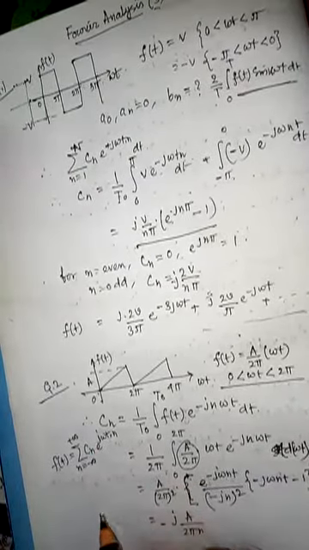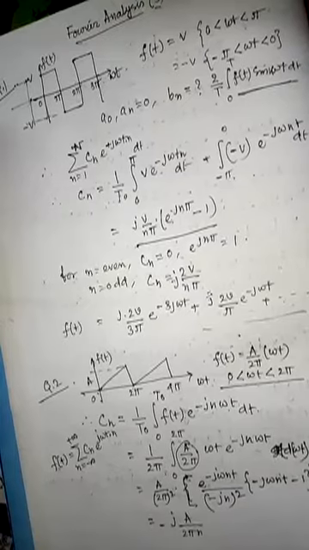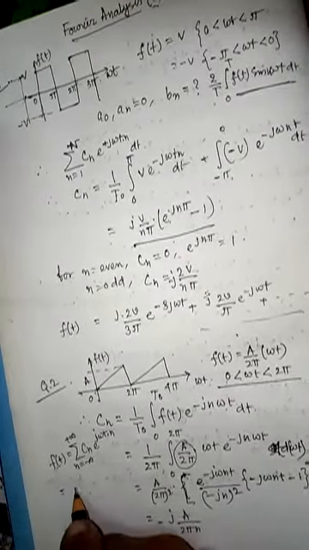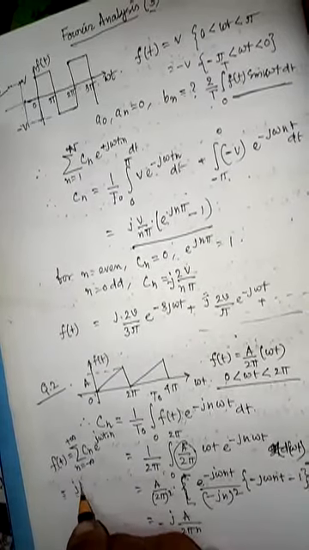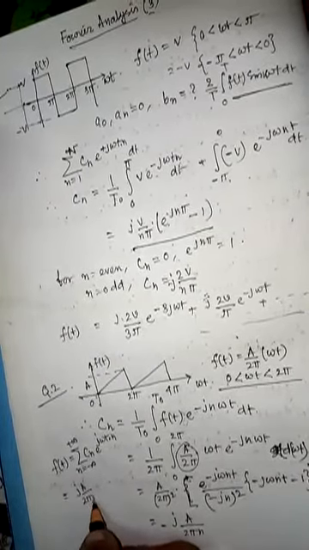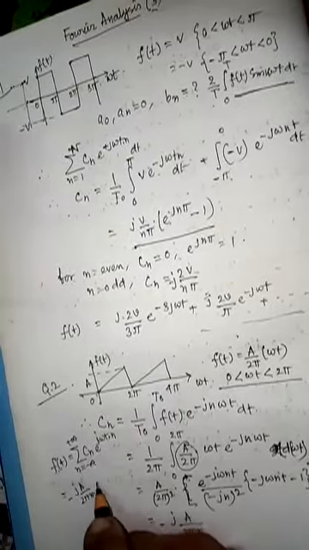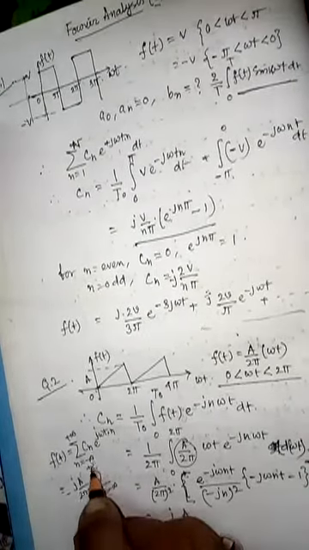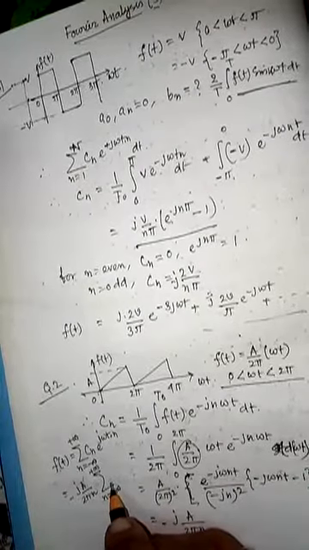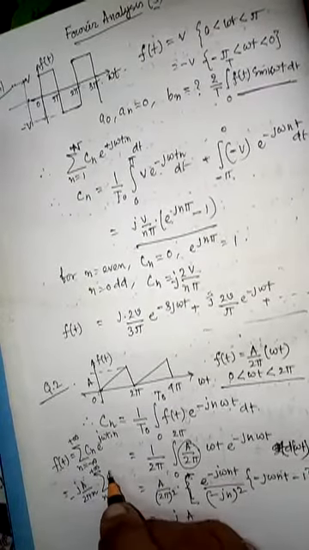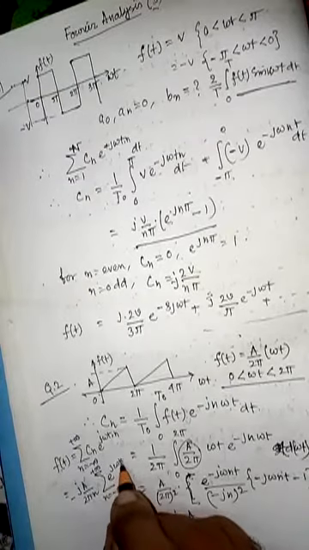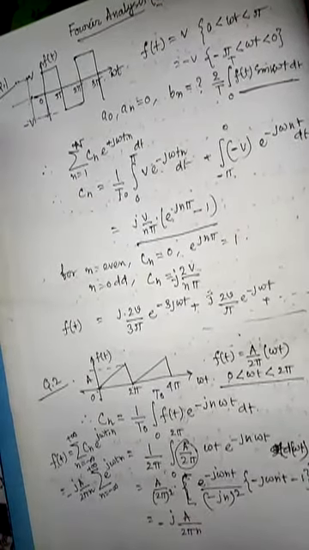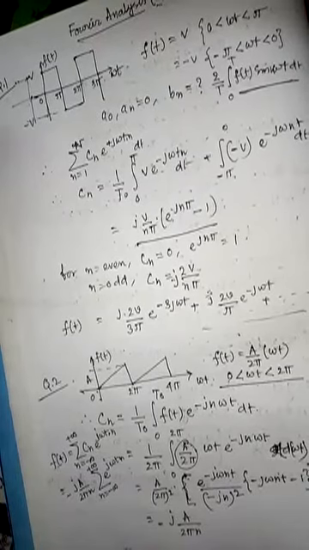So if you are writing in this way and placing this coefficient, the final series is here j a by 2 pi n with a minus sign, n equals minus infinity to plus infinity of e to the power j n omega t. So finally you'll be able to find out the entire series.